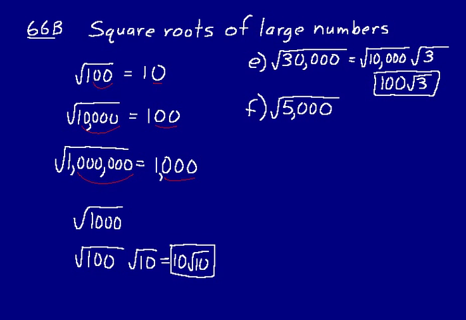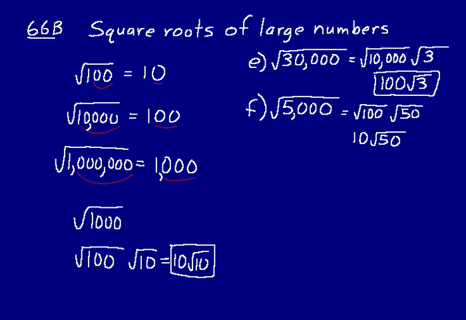Let's do another one. Simplify the square root of 5,000. Well, you have an odd number of zeros there, so factor out 100 because you know what the square root of 100 is. And so you can have the square root of 100 times the square root of 50. And so you know what the square root of 100 is. That's 10 times the square root of 50. Now think, though, always think and make sure that you have simplified them as far as you can.